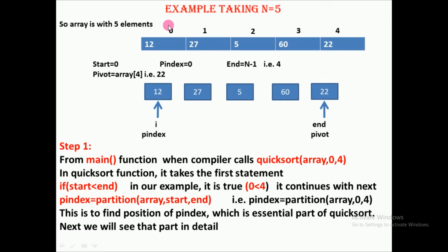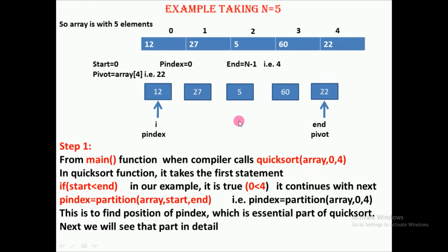In the program we have seen start is equal to 0, P index equal to 0 in the beginning. End is equal to n minus 1, n is 5, 5 minus 1, that is 4. Pivot is equal to array of 4. As I said, in our program we have used the pivot element as the last element of the array. So pivot is equal to array of 4, that is 22. So 12, 27, 5, 60, 22.